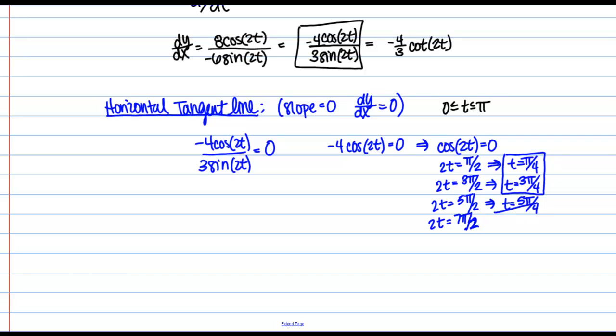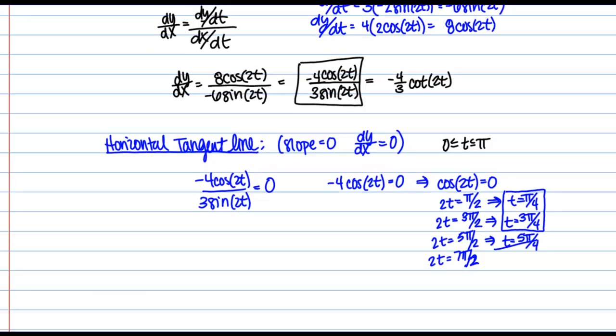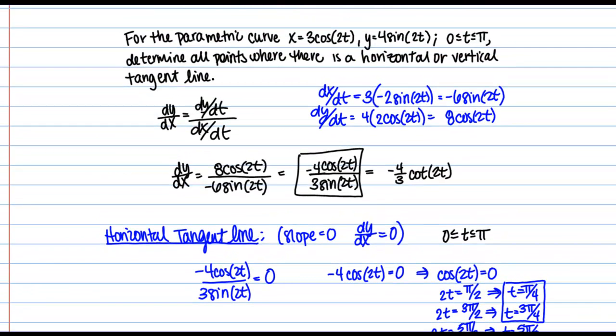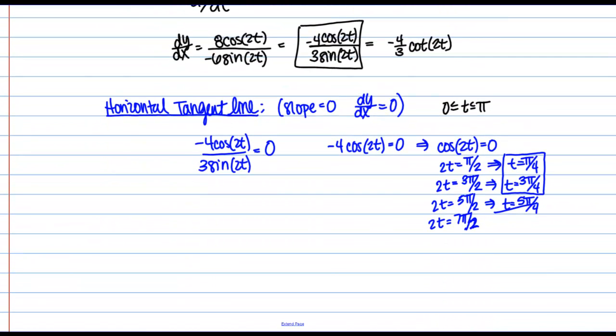So that tells us the t values at which there's a horizontal tangent line, but what we're actually interested in is the points themselves where there's a horizontal tangent line. So we just need to find the associated xy points here. If I wanted to, I could just set up a little chart.